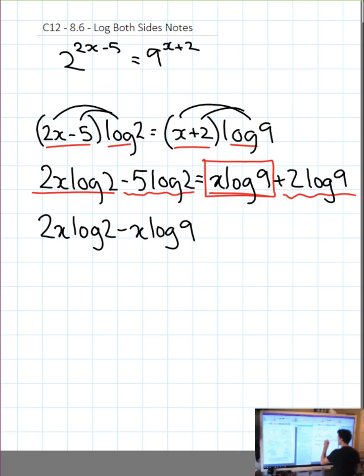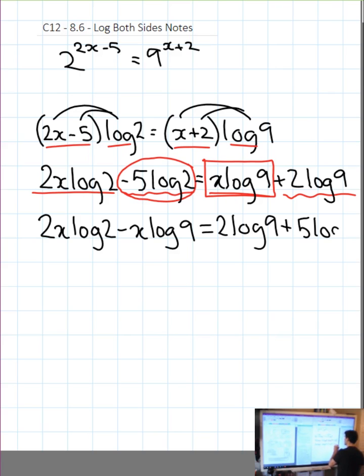And if I add this term to both sides, it's equal to 2 log 9 plus 5 log 2.